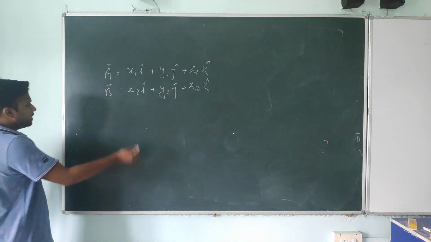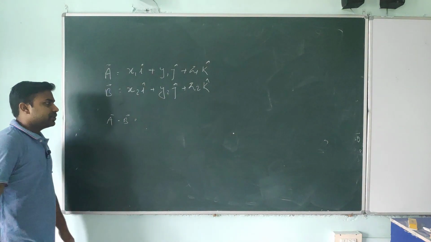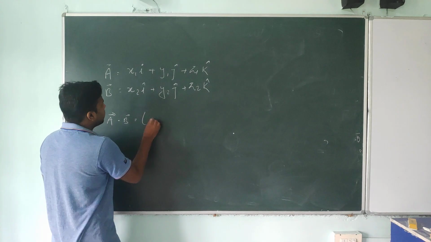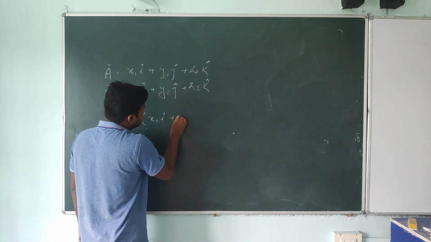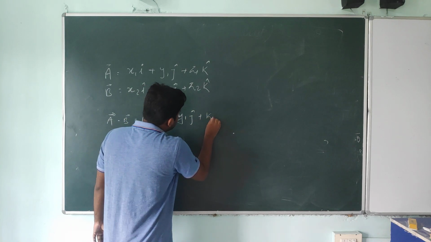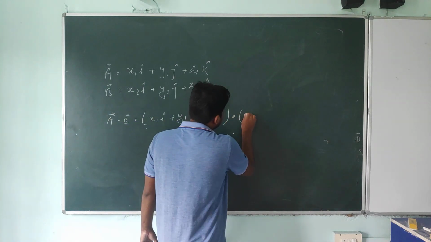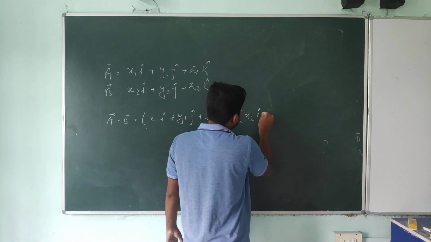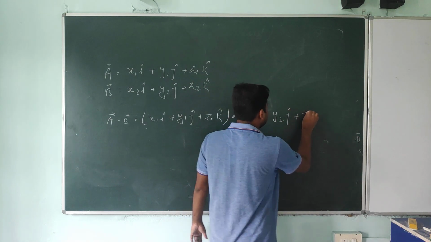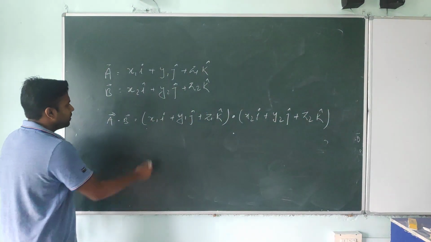Okay, and if you want to take a dot b, what will you get? We can write (x1 i cap plus y1 j cap plus z1 k cap) dot (x2 i cap plus y2 j cap plus z2 k cap). Okay, so now what can you write?